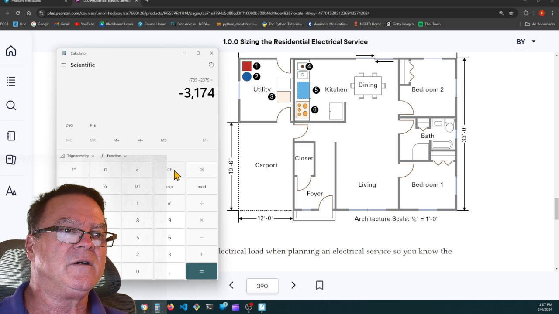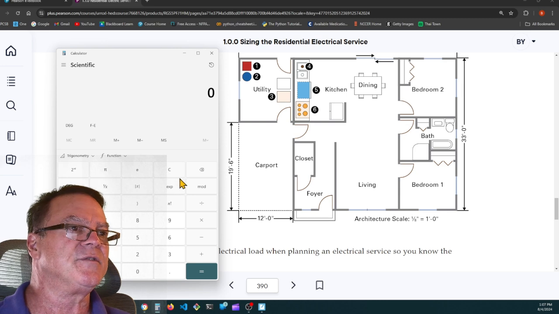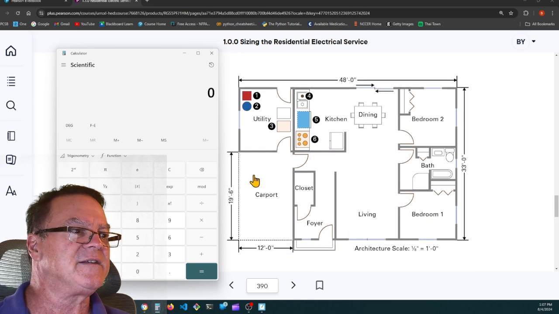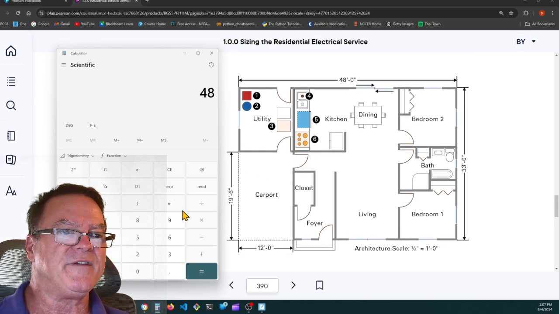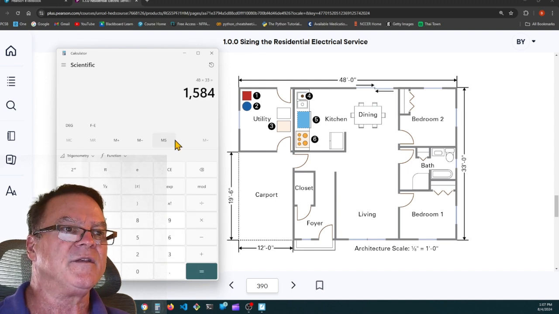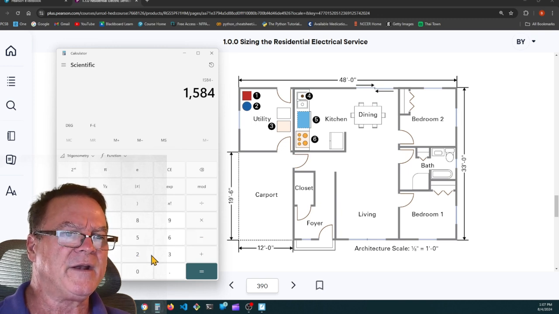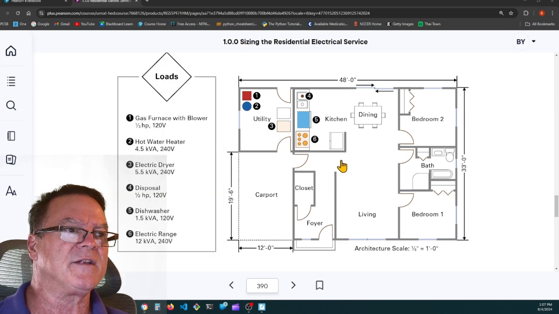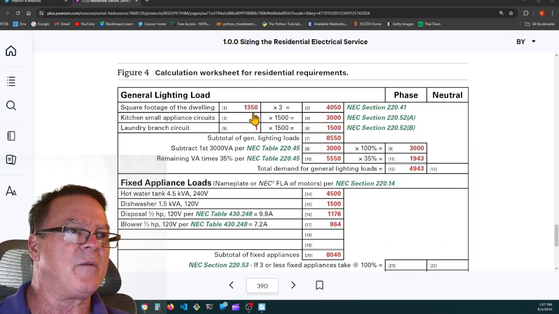Oh, what did they do wrong? Hold on, 19.5 times 12 is 234. So let me try that again. 48 feet times 33 feet is 1,584. What was that other number? 234. 1,584 minus 234. There you go. 1,350. All right, that's good enough. That's what they came up with.